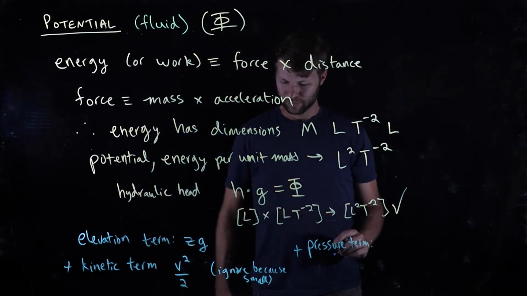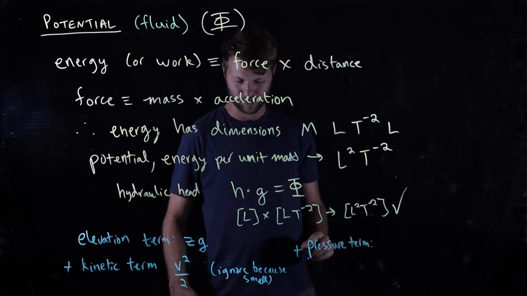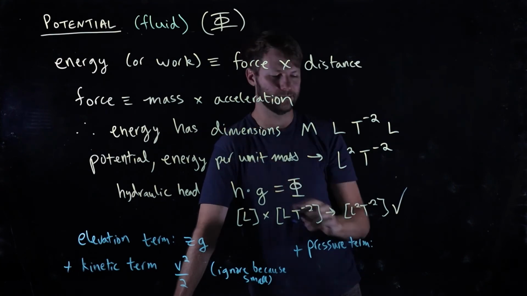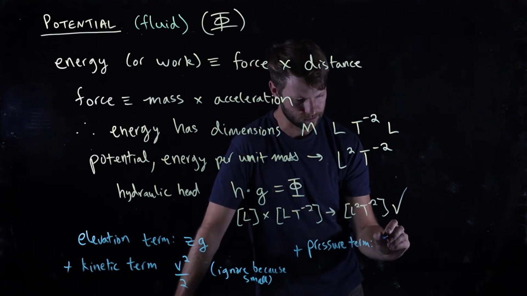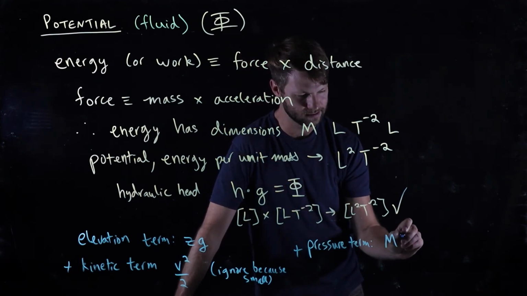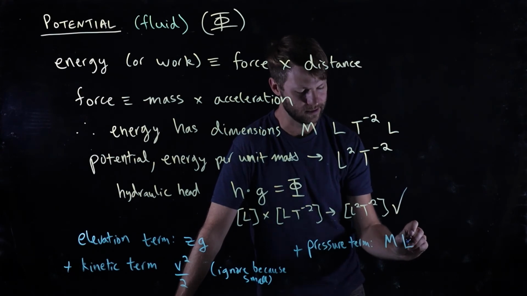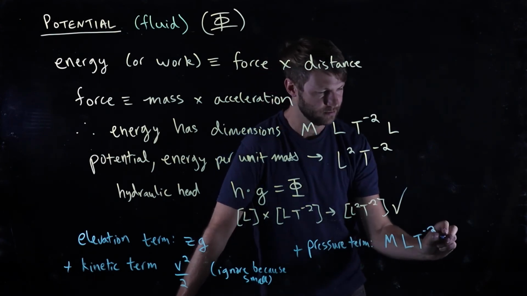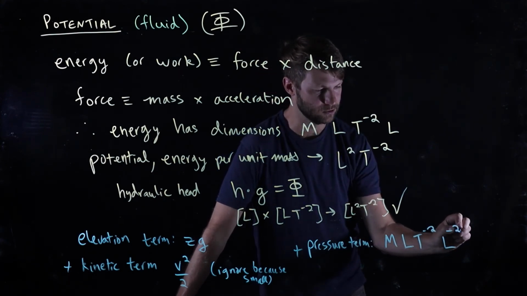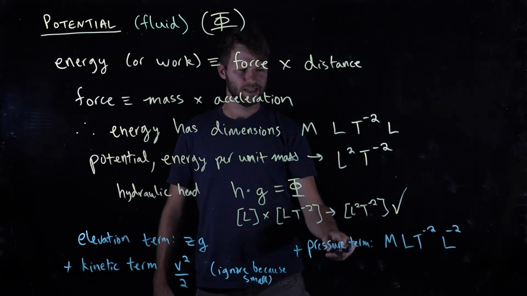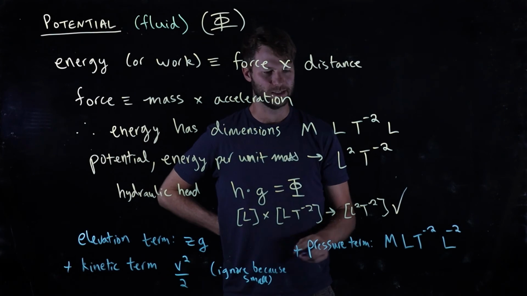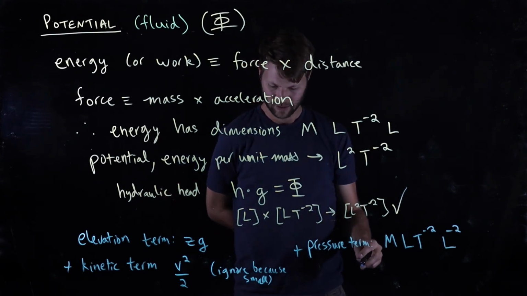And we know that pressure is force per area. So a force is, again, mass times acceleration. So let's do mass times acceleration, length per time squared. Per area, length -2. What would we need to be able to convert this to get back to units of potential, length squared per time squared?